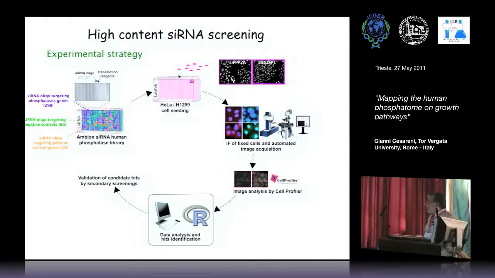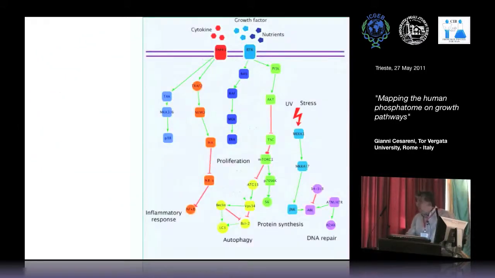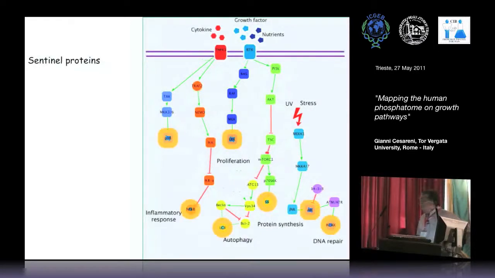And so you measure, most of the time by measuring fluorescence, the activity of key proteins in the cell. If we go back to our very simple pathway or series of linear pathways, we have defined a number of what we call sentinel proteins, chosen for their centrality in the graph and for the availability of robust readouts that you can use in a high throughput fashion with this technology.